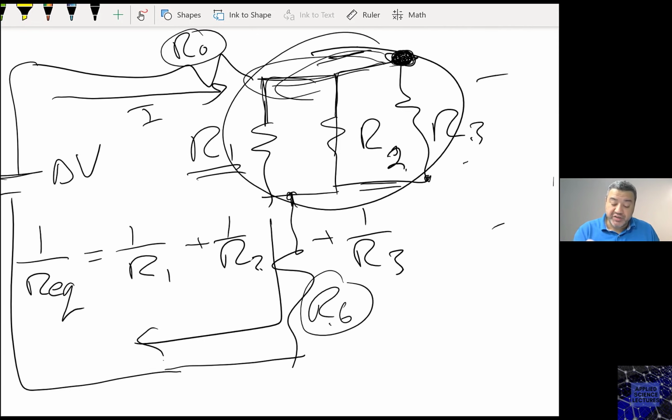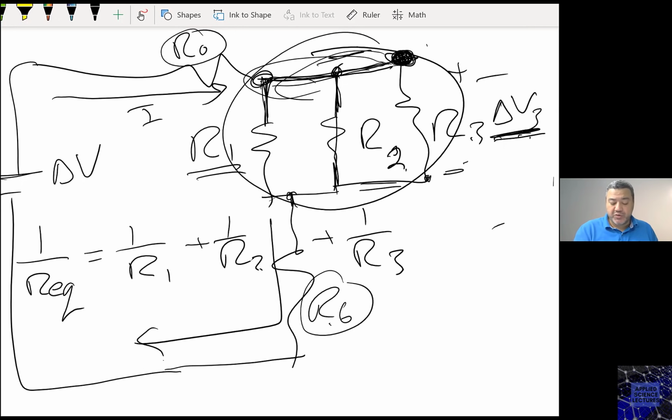Now, resistors in parallel don't share the same current. However, they share the same potential difference. If you look at the potential difference across R3, it is delta V3. If you look at the potential difference across R2, it is the same, delta V3. If you look at the potential difference across R1, it is also delta V3. Why? Because those wires are ideal wires, as we agreed upon, and they have zero resistance, which means the potential here is the same as the potential here, and the same as the potential here.